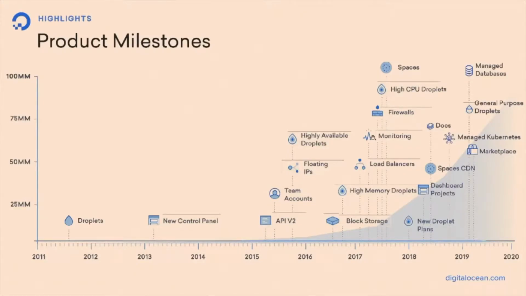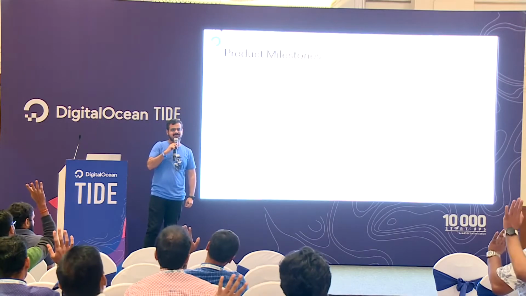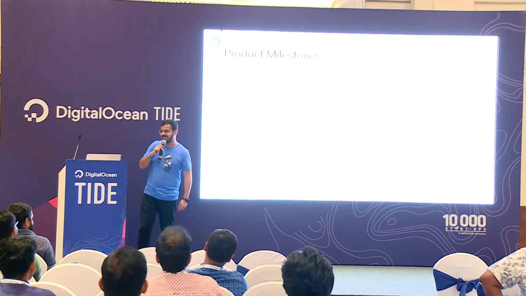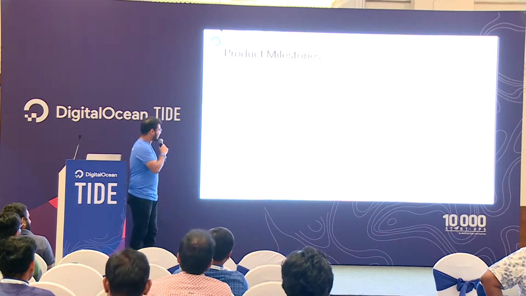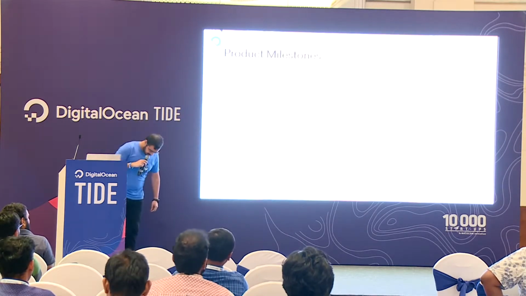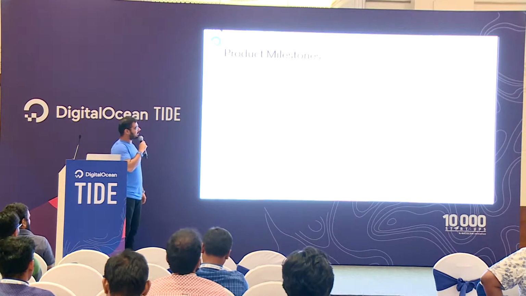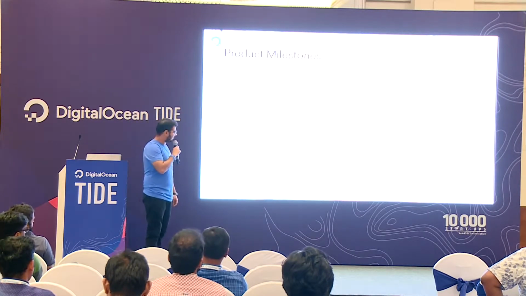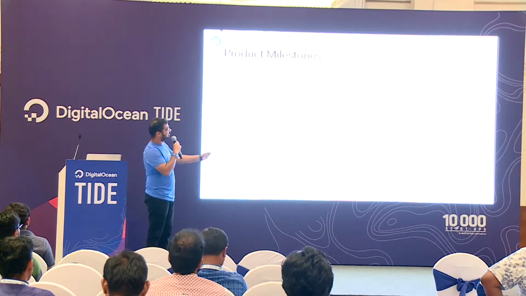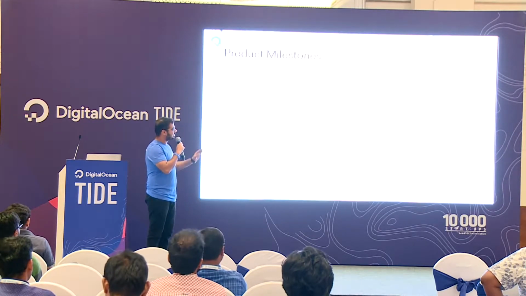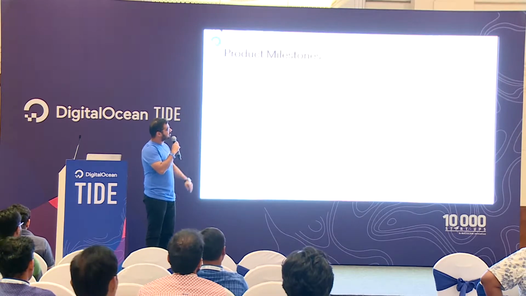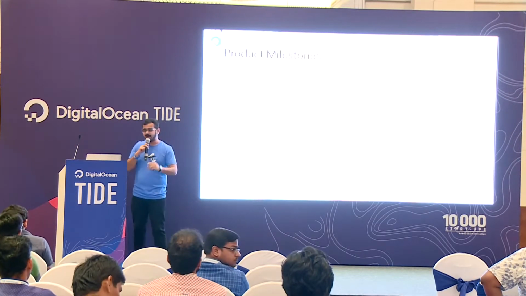All right, so how many of you recall this screen? Great, so then I don't have to explain it, but I will. So just giving you again an overview of where the products at DigitalOcean have come from, right from the initial droplets to the more recent managed Kubernetes and marketplace and general purpose droplets, managed databases, and many others.